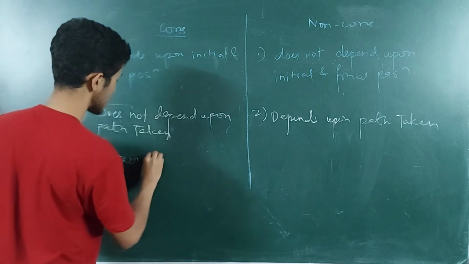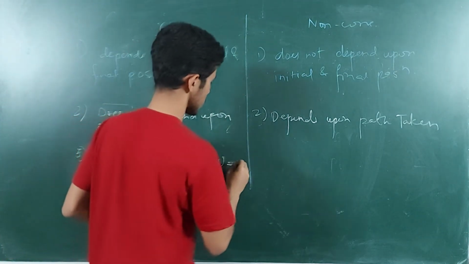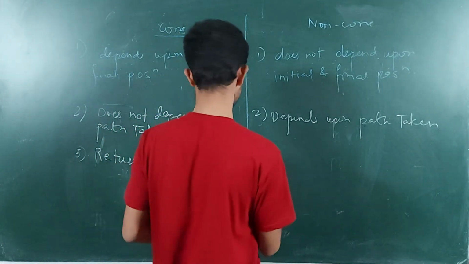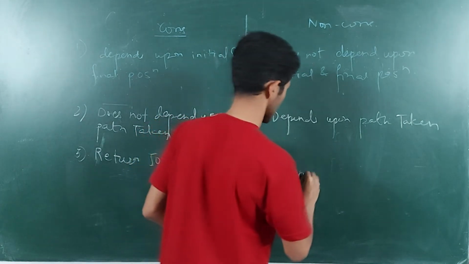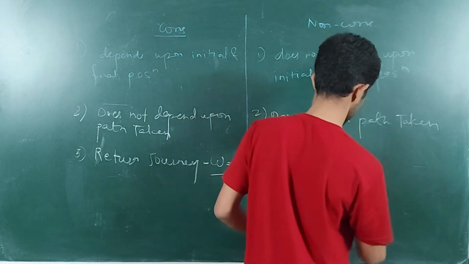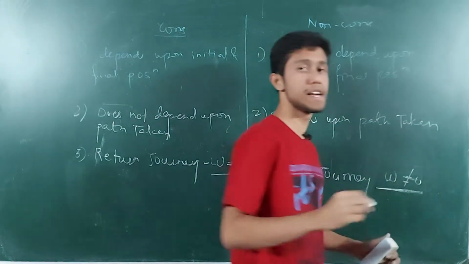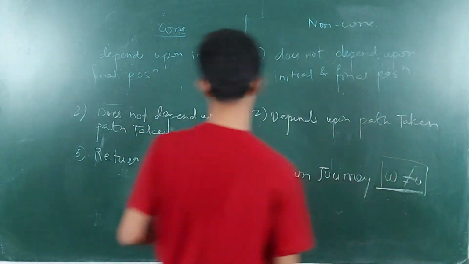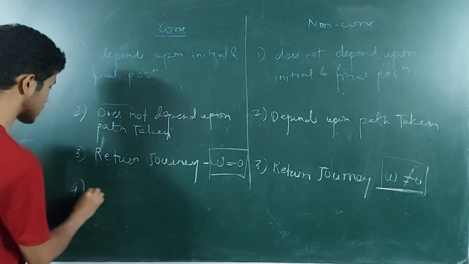So in the case of a return journey for a conservative force, the work done is 0 because you know the initial and final points are the same. But in the case of a non-conservative force, in a return journey the work done is not equal to 0 because it depends upon the path taken. So work done in this case is not 0, whereas in the conservative case it is 0. Next, I'll give you examples.